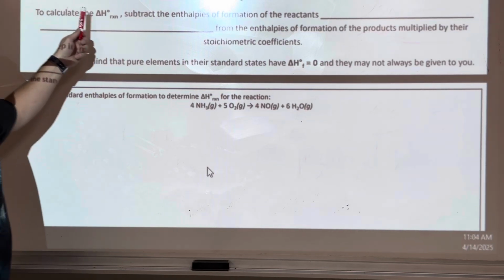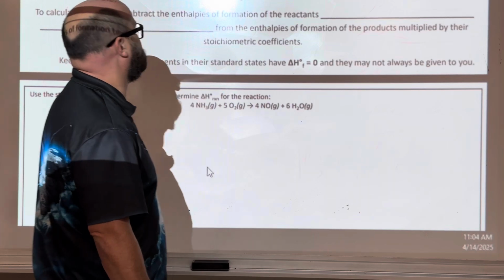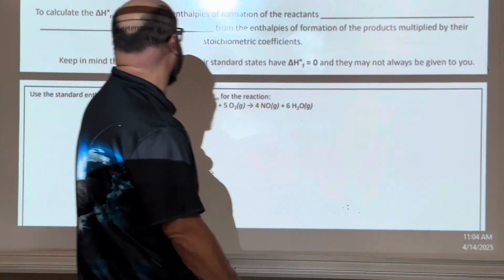Delta H of the reaction equals the sum of the standard enthalpies of formation of the products minus the sum of the standard enthalpies of formation of the reactants.